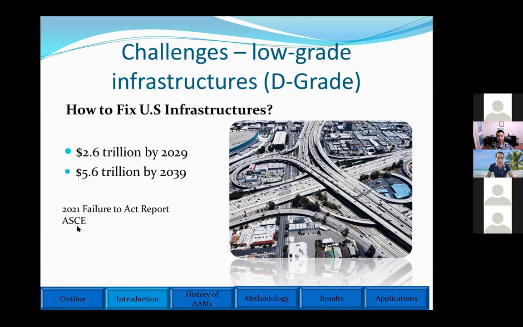And based on the report released by ASCE this year, 2021, we need a $2.6 trillion investment by 2029 and $5.6 trillion by 2039 if we want to fix this infrastructure. It means that we need a lot of material to repair and replace this old infrastructure.